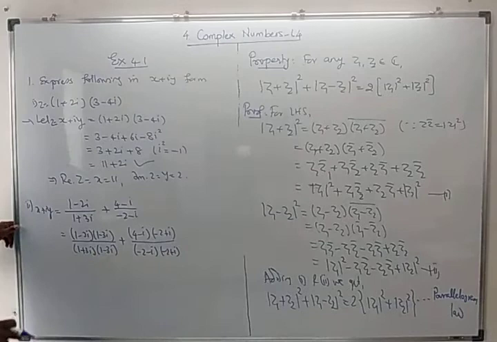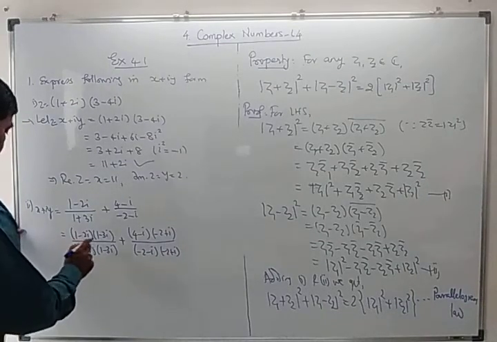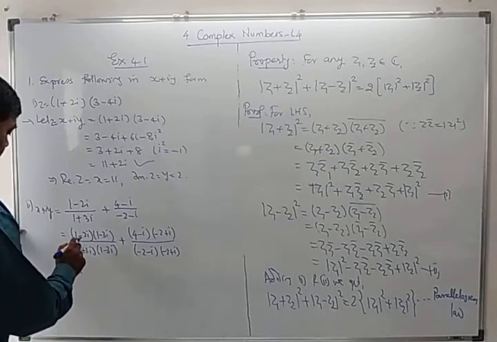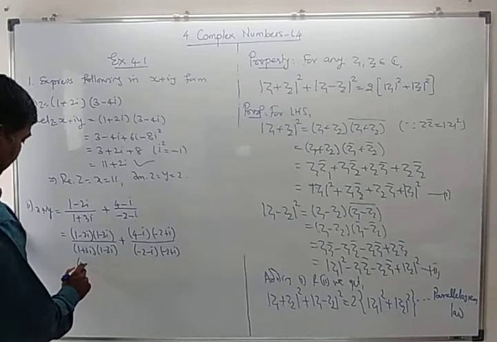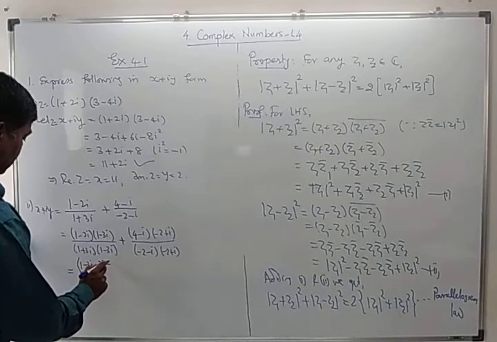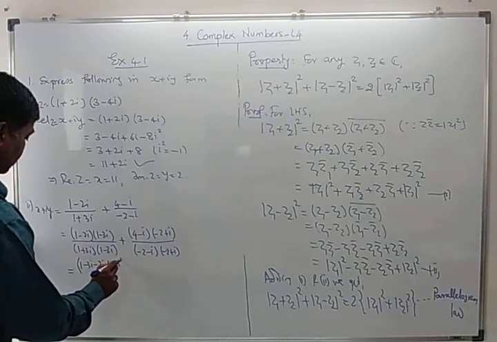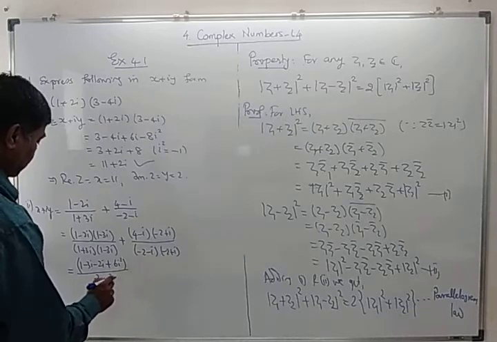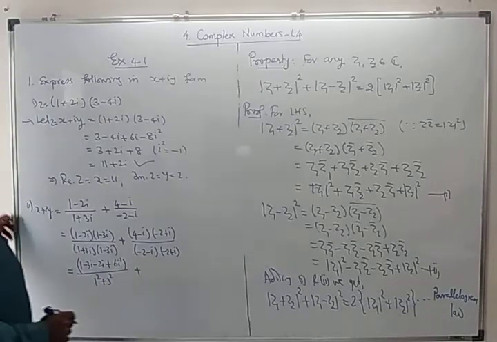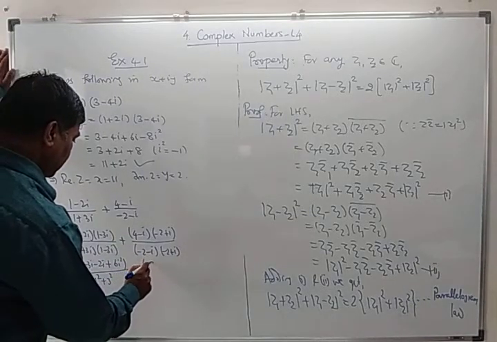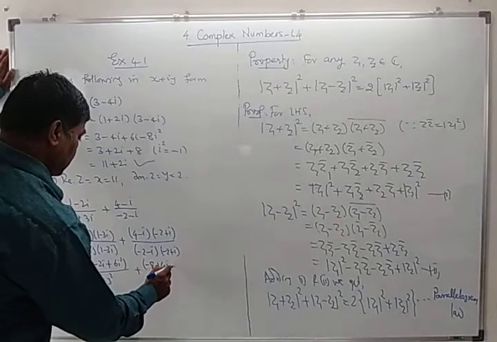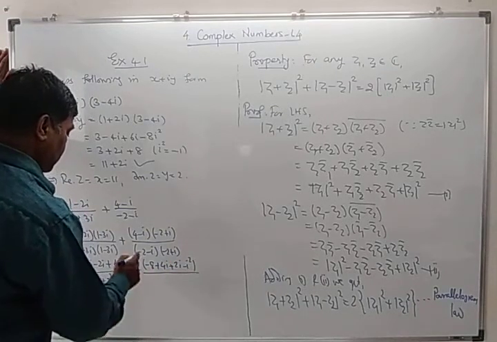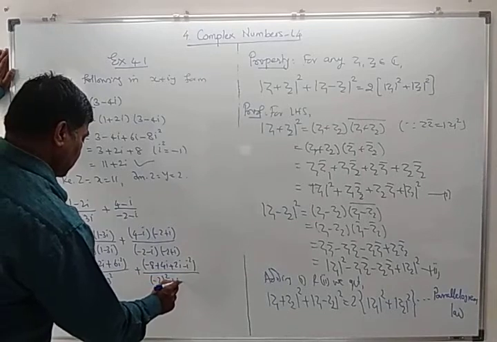We know that z into z bar is modulus of z squared. So the numerator is 1 minus 3i minus 2i plus 6i squared, and the denominator is 1 squared plus 3 squared, plus minus 8 plus 4i minus minus plus 2i minus i squared, upon minus 2 squared plus minus 1 squared.